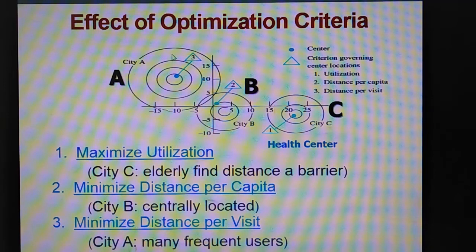So the optimization criteria depend on utilization, the distance to be traveled by the whole population, and whether the distance to travel for each visit is short, as represented by A. These are the three optimization criteria for having a service center used by its users.